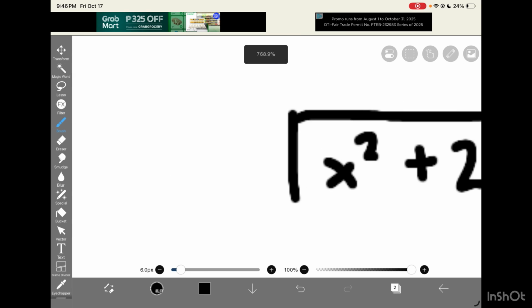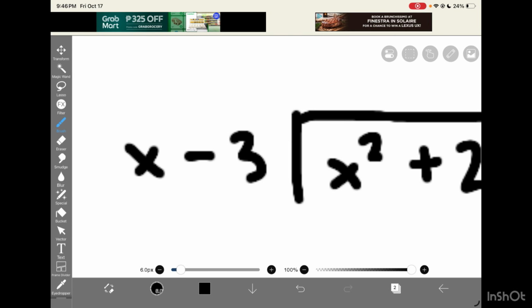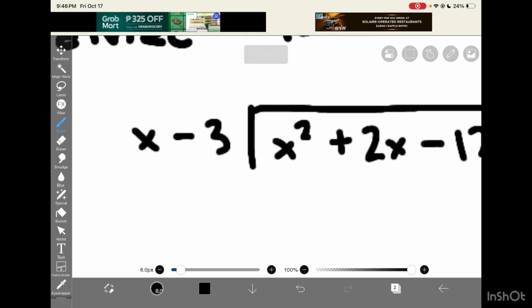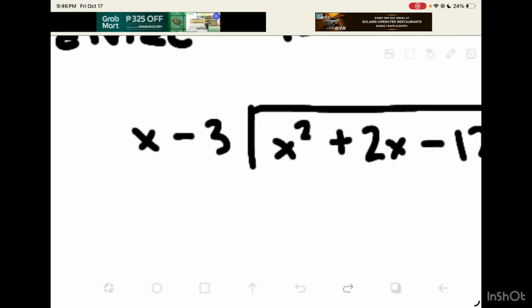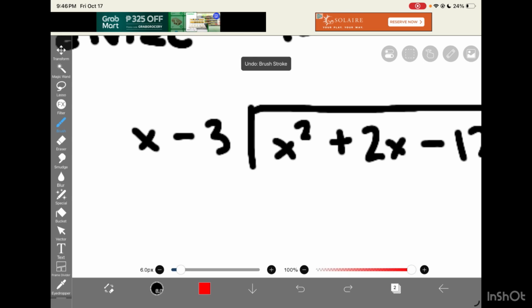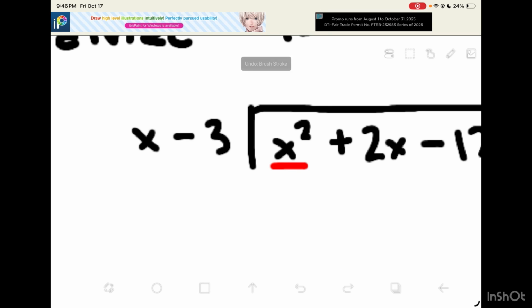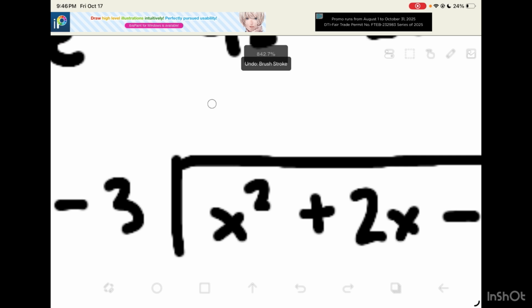And then you just put the divisor over here. That's step 1. Step 2, let's divide the first term of the dividend by the divisor. So x squared divided by x. x squared over x is just x.